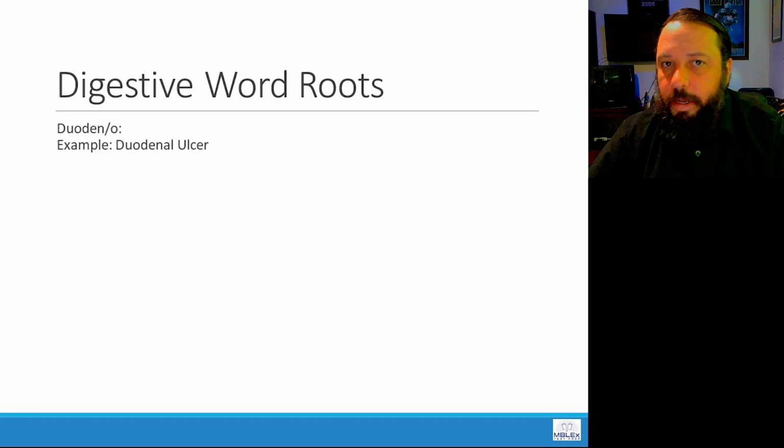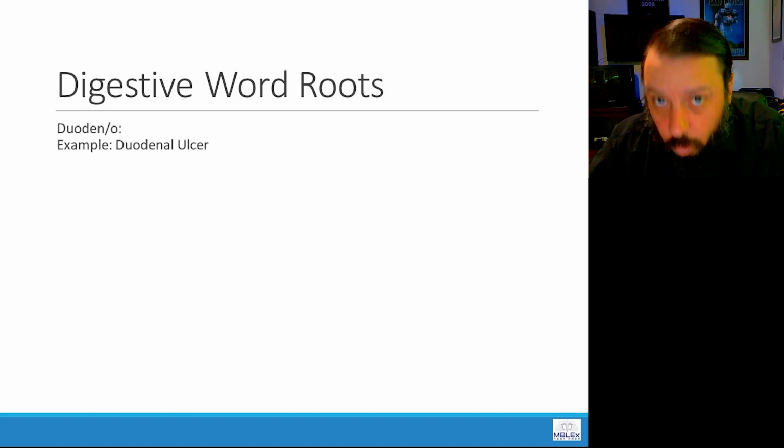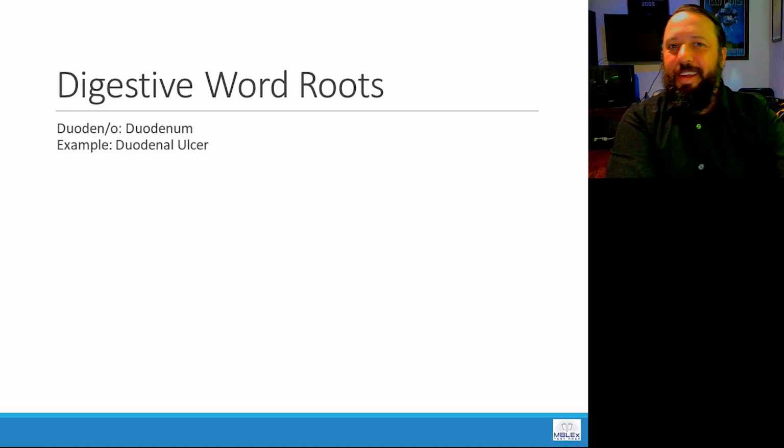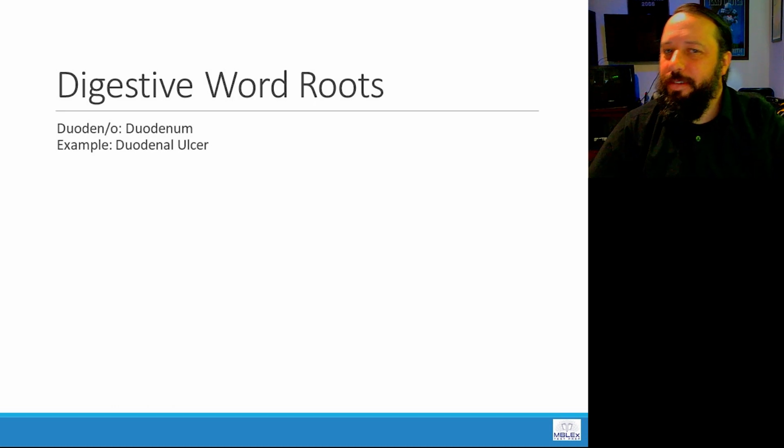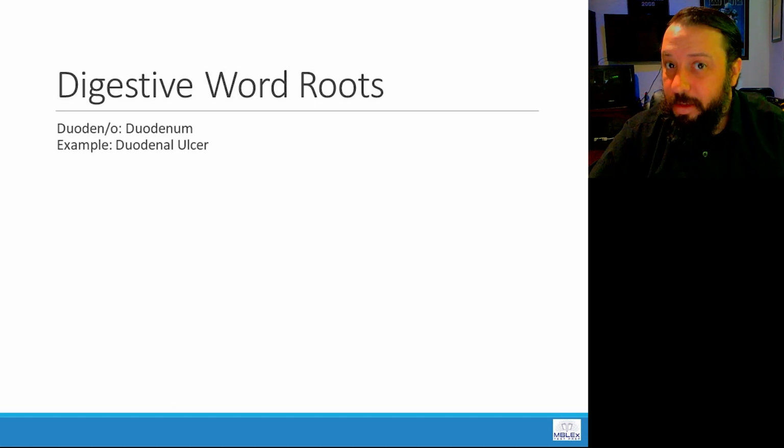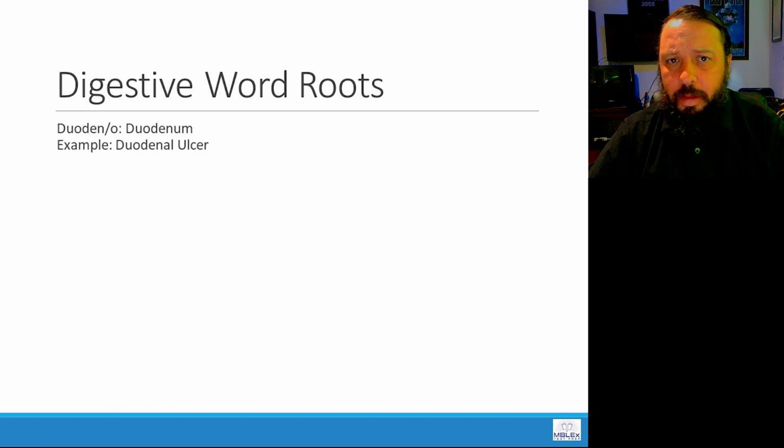What about duodeno? I just kind of mentioned that, right, with the bile duct. Where does the bile duct empty bile into? The duodenum, which is part of the small intestine. Okay, so the very first part of the small intestine, the duodenum.